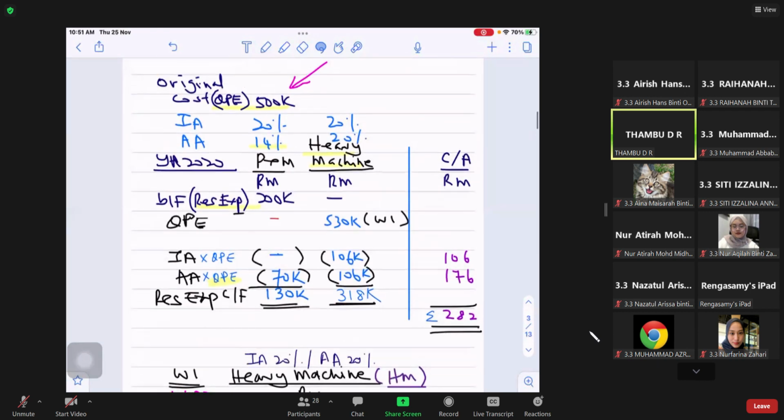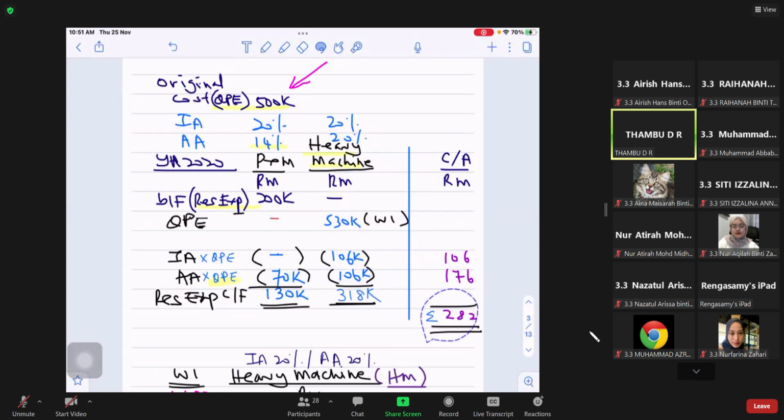So here you can see QPE is 530. Heavy machine will be 20%. Normal machine 14%, heavy 20%. Since you bought it this year, I claim 20% and 20% on the cost. Cost, we call it QPE. So your IA is so much, your AA is so much.